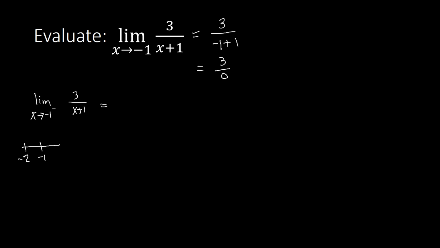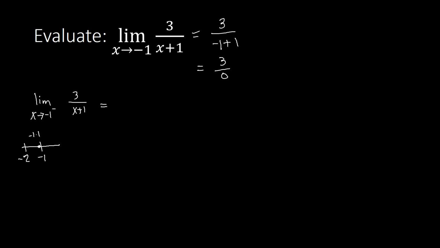We have to choose the closest number to negative 1. So let's have negative 1.1. You can also choose negative 1.01 or negative 1.001 in testing. Anyway, we're just testing the sign of our denominator, whether that would lead to a positive or negative result.